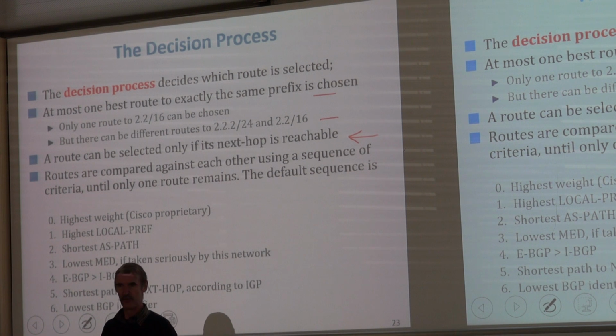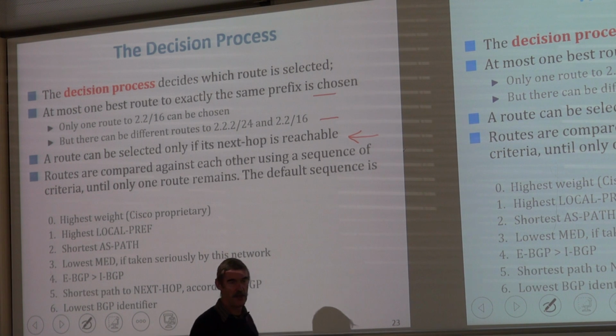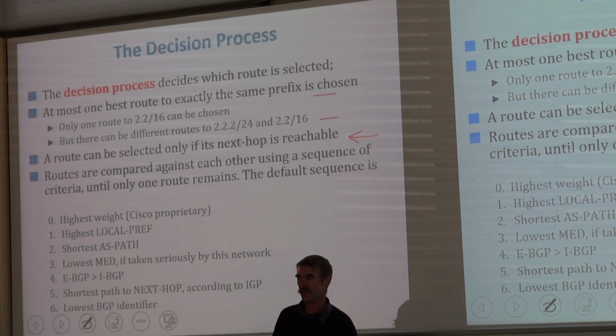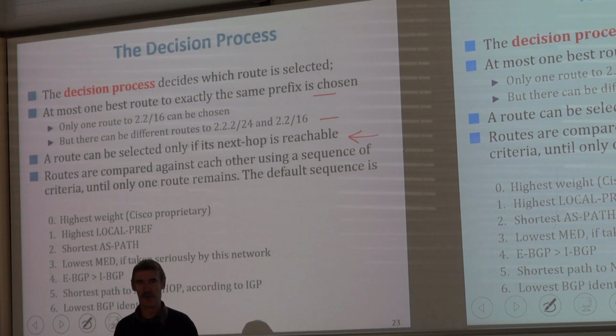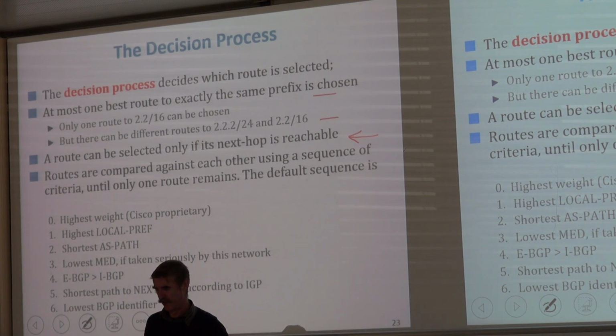If I receive those two routes, and I now have an IP packet that starts with 2.2.2, I have two possible routes to go there. They are treated by BGP as different, so we will keep both of them. There is not the concept that the first one would kill the second. Although it can kill it, that's called aggregation, but in principle they are treated as different routes.